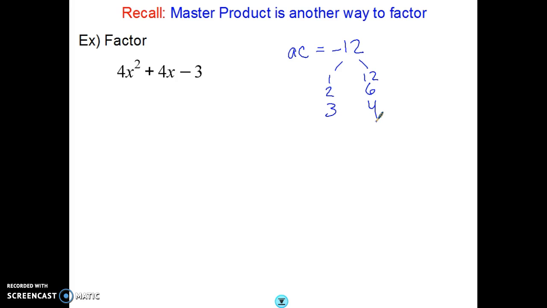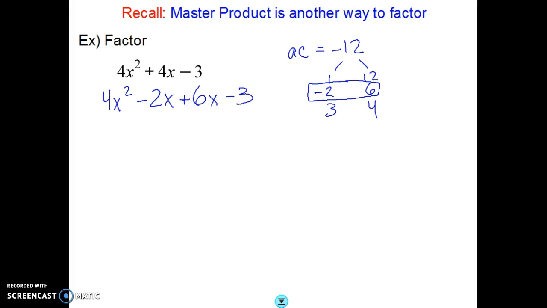Well, you might be looking at this and realizing if we pick, in this case specifically, -2 and +6, that multiplies to -12 and it adds to +4, which tells us then how to break up this expression over here. Because we can now split that 4x up into -2x and +6x.